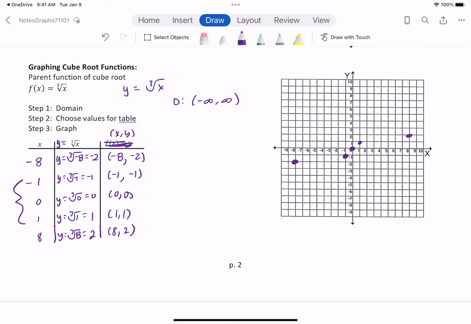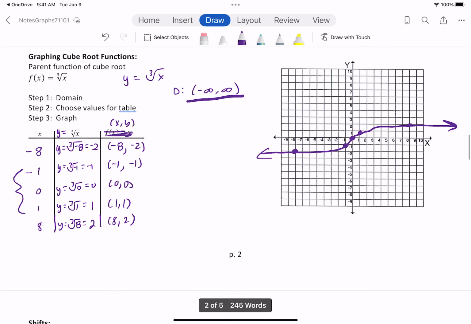This one has all real numbers, so we have arrows on both ends. So I'm going to combine my points with a line that extends forever in both directions. So when we do a cube root graph, we do want to have 5 points. We always want the 3 that define that section in the middle, and then 1 further out on each end. Okay?